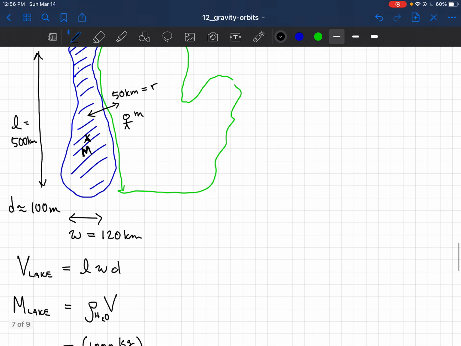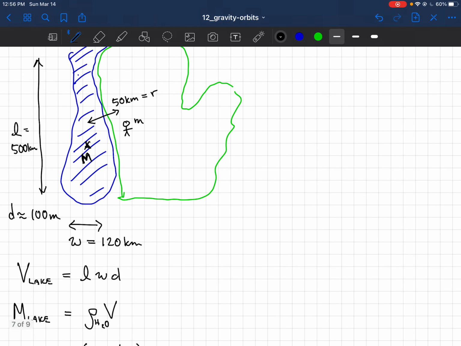So let's just calculate that. The volume of the lake is L, 500, and that's times 10^3 to get us meters, multiplied by the width, 120, also times 10^3, multiplied by the depth, which is 100 meters.